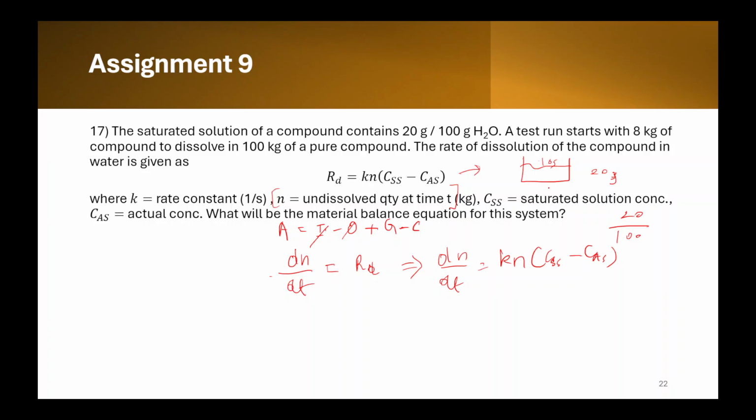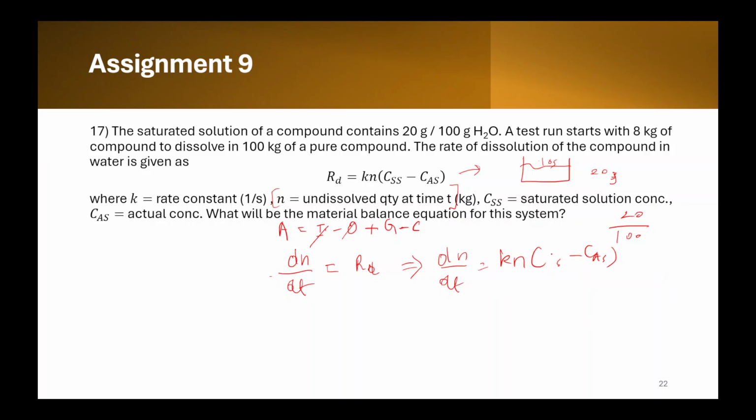So whatever the rate of dissolution will be, it will basically be the driving force. So what is the driving force? It is the saturated solution minus the actual concentration. If this CAS becomes equal to CSS, there will be no further rate of dissolution. The driving force has died down. So that is what the basis is.